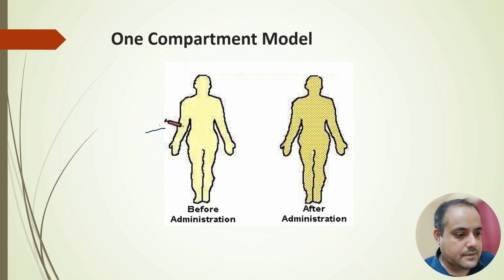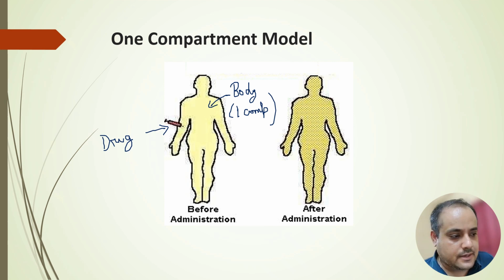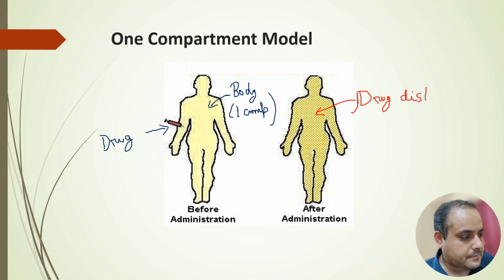Suppose I am giving the drug here by the IV route, rapid IV bolus, and this whole body acts as one compartment, one uniform compartment. So after I give the drug, see what is happening. The drug is getting distributed in this entire compartment. And this distribution is uniform.